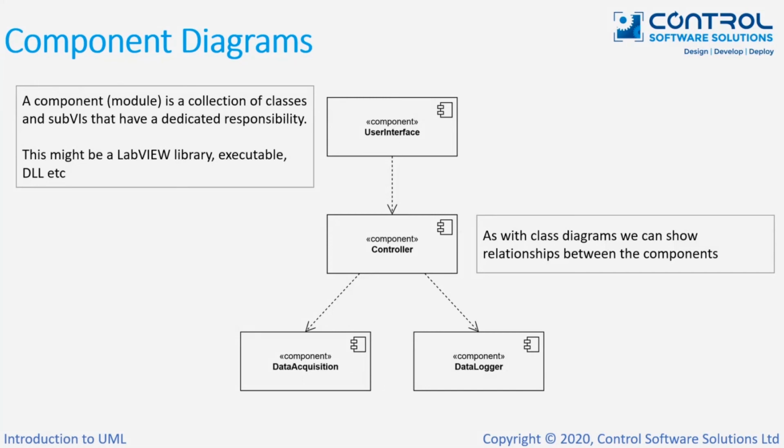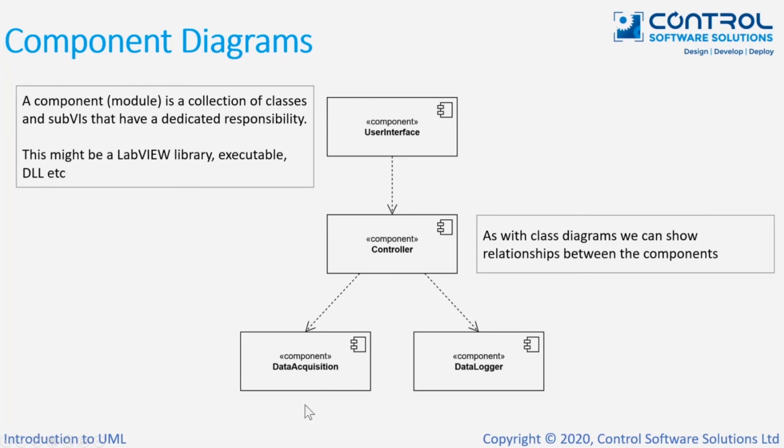A component is a collection of things, LabVIEW things, classes, sub-VIs, libraries, whatever, that together give you some dedicated role and responsibility in the system. So you might implement this as a LabVIEW library, as an executable, a DLL, or whatever. In this example, each of these might be a library.